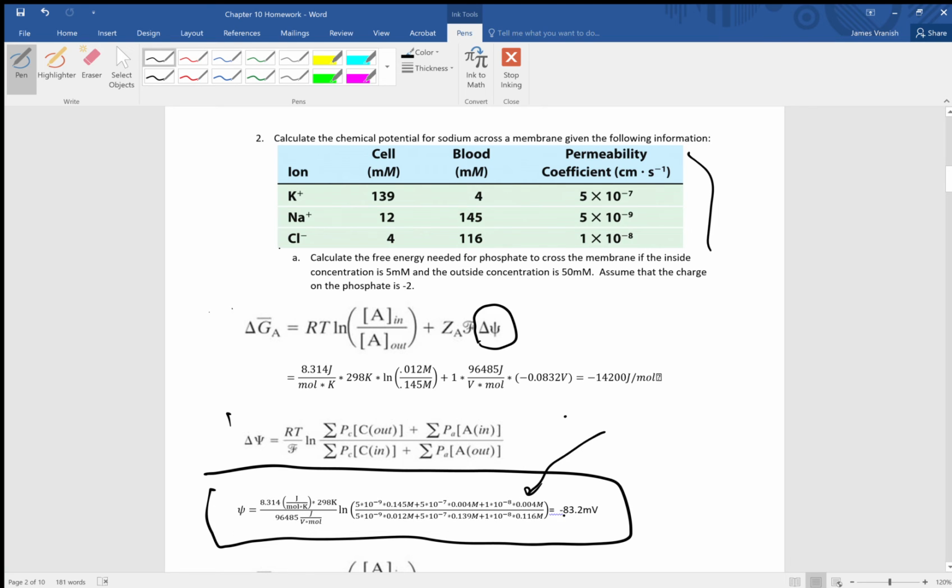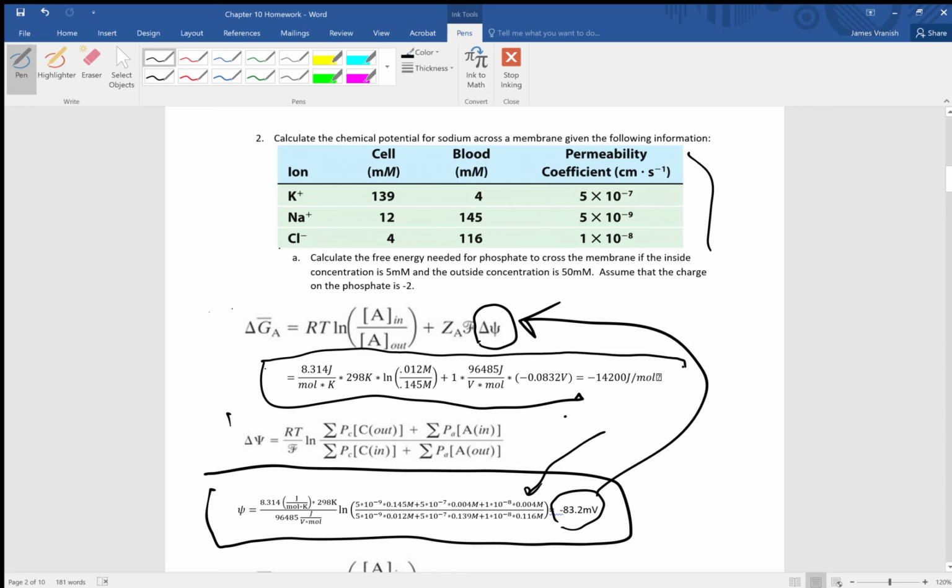Basically then we end up with an electrical potential of -83.2 millivolts. We could take that value and plug it into here. Now we have everything we need to solve our delta G equation, and we'll get a delta G for sodium moving across this membrane of -14,200 joules per mole.